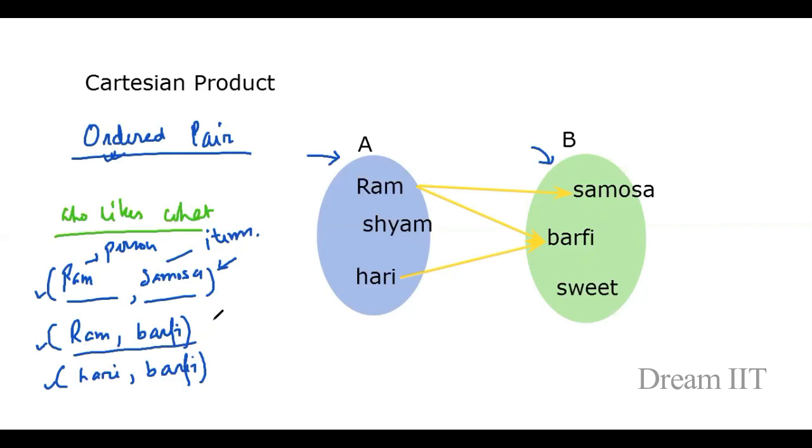Because of that, these kinds of things are said to be ordered pairs. So this is the idea of an ordered pair. Be very clear about the ordered pair concept. So I'm going to the next part.